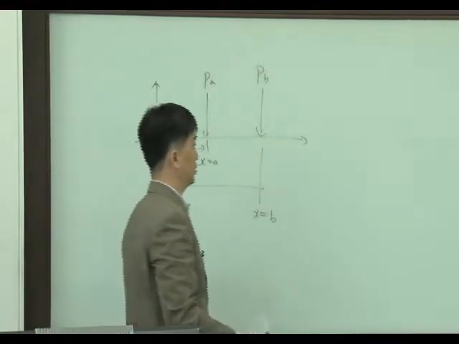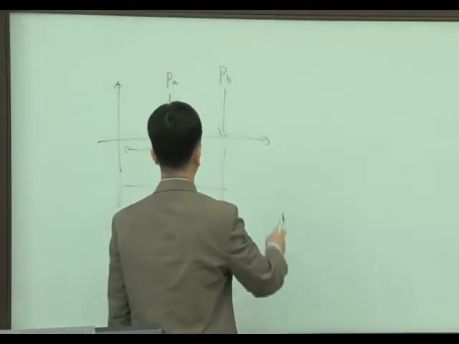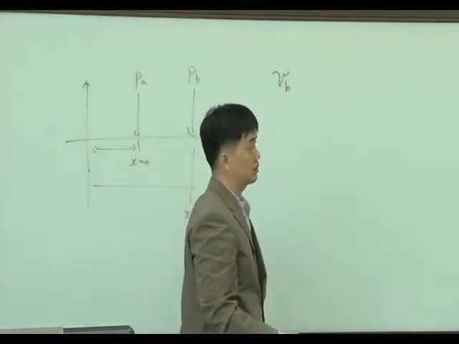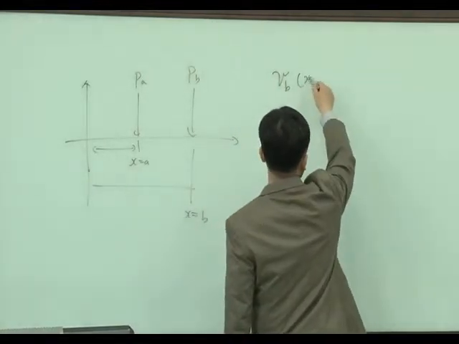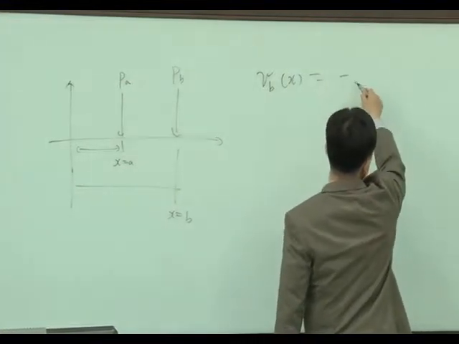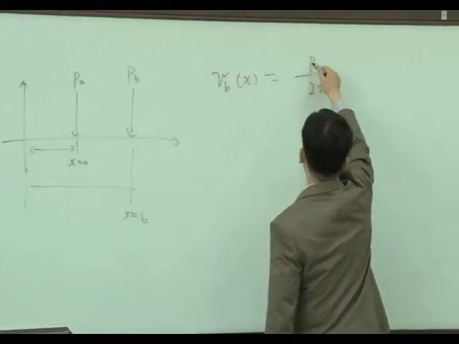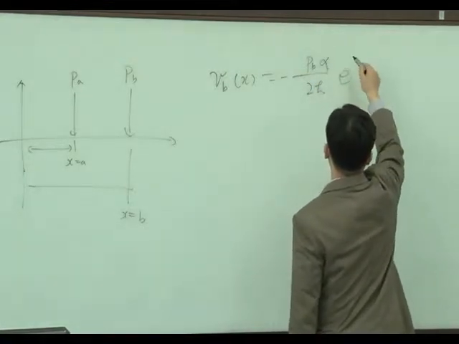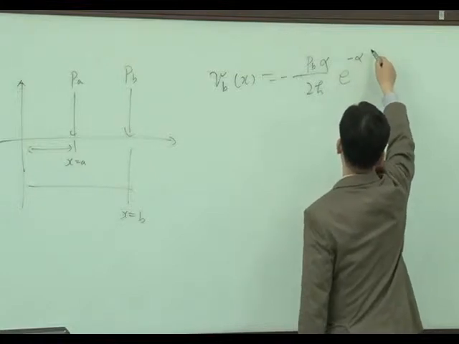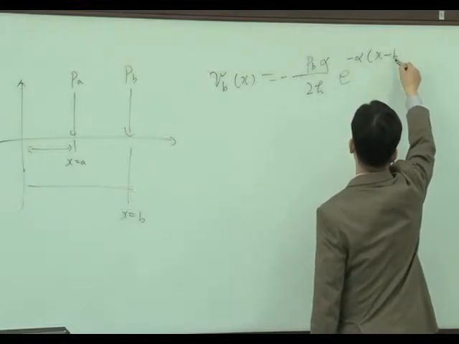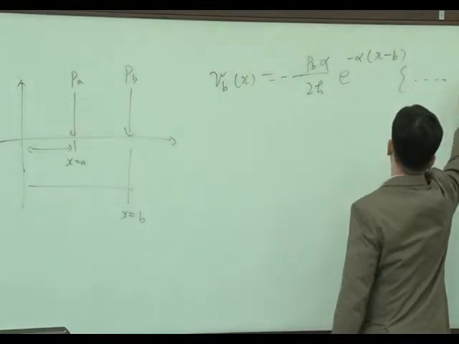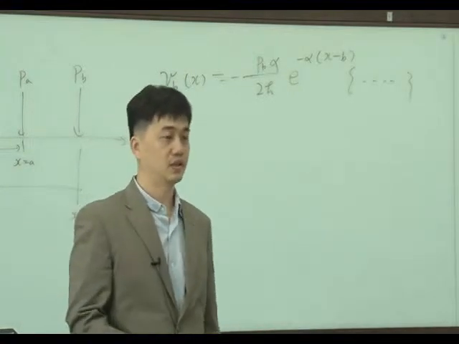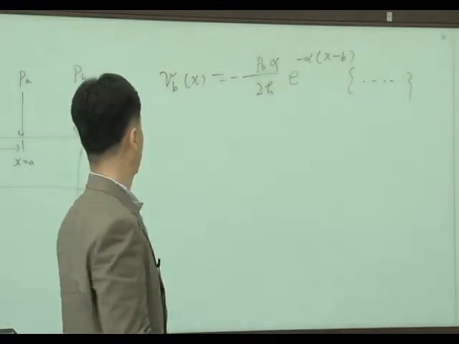Okay, then similarly, we can calculate VB also, right? VB of x is very similar: minus PB alpha over 2k, e to the minus alpha |x minus b| and so on, right? So we just put x minus b instead of x, right?